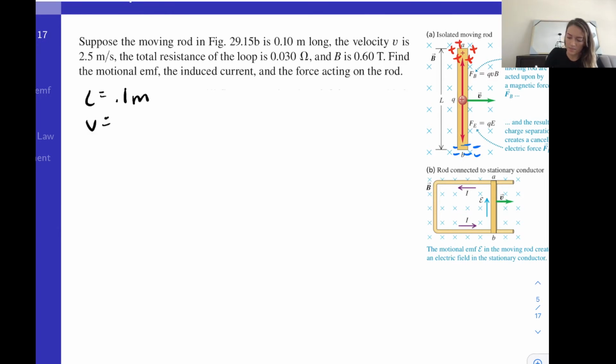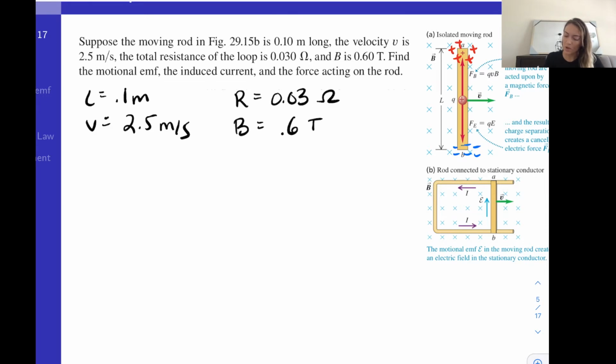The velocity is 2.5 meters per second. And then the resistance in the loop, so this loop will have some total resistance, is 0.03 ohms. And then the magnetic field is 0.6 Tesla. We want to find the motional EMF, the induced current, and the force acting on the rod.